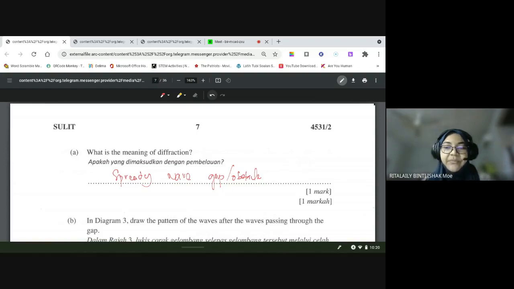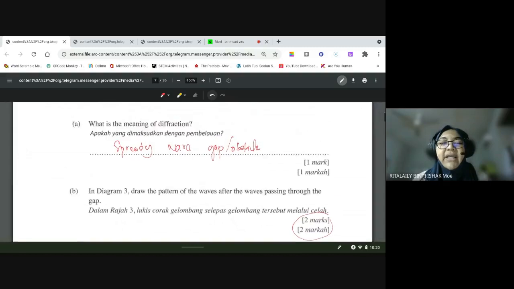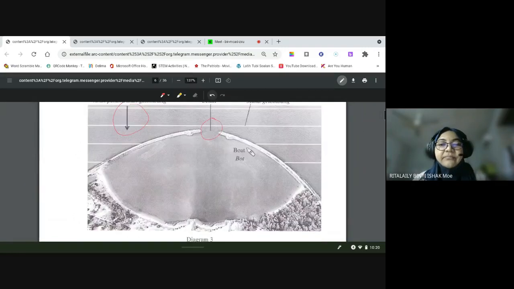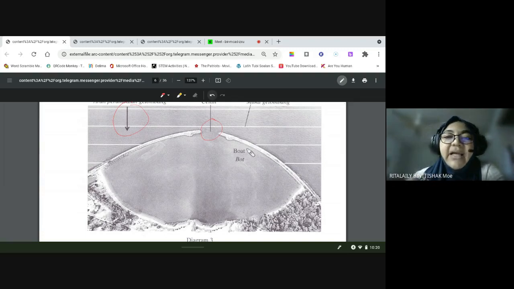Okay. And then diagram 3, draw the wave pattern. Okay, 2 markah. So, apakah yang dicari oleh pemeriksa? Yang pertama, kita kena tunjukkan apabila melepasi gap, first kali nak tahu either the diffraction tu obvious or not, tengok dia punya size of the gap.